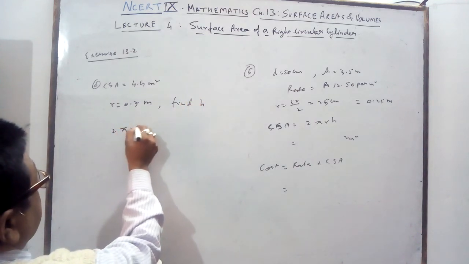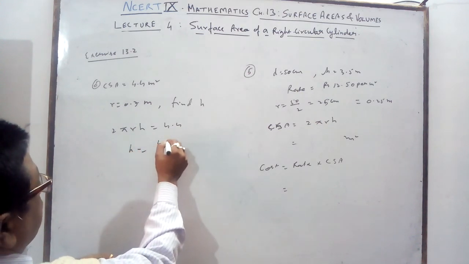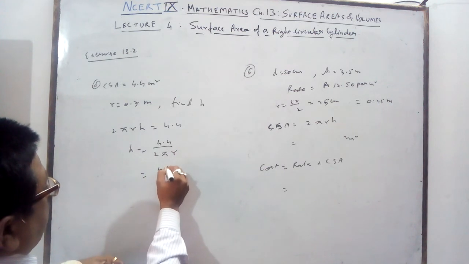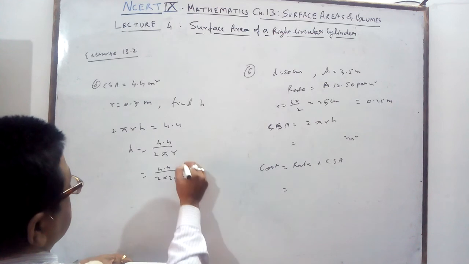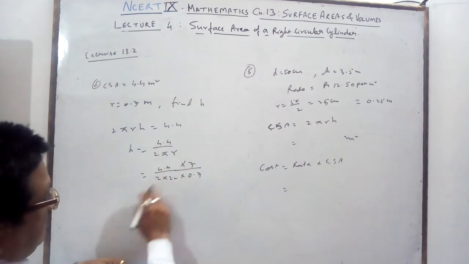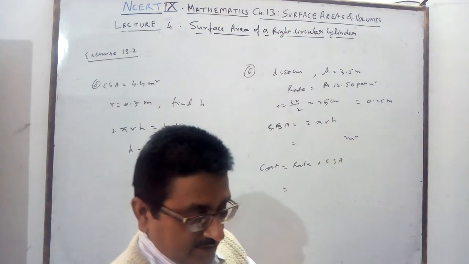So 2 pi r h is equal to 4.4, then h is equal to 4.4 upon 2 pi r. 4.4 upon 2 into 22 by 7 into 0.7. Why? 22 by 7 will go to that side. So by this you will get the height of the cylinder.